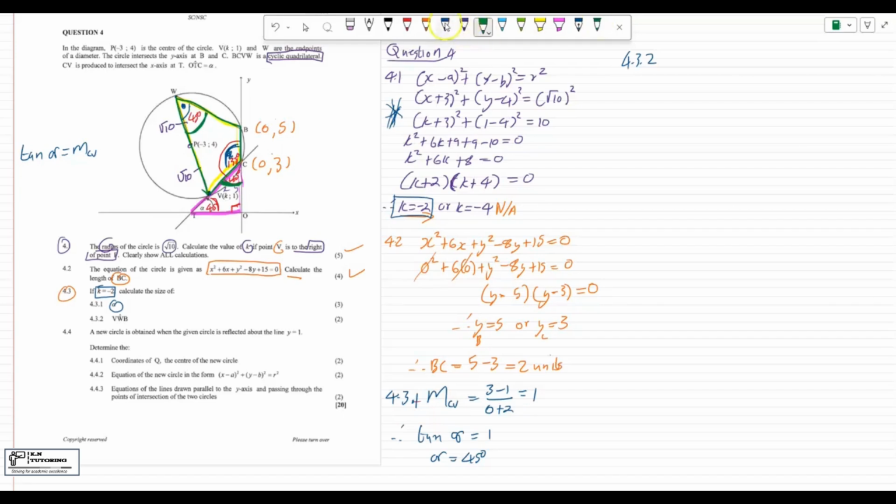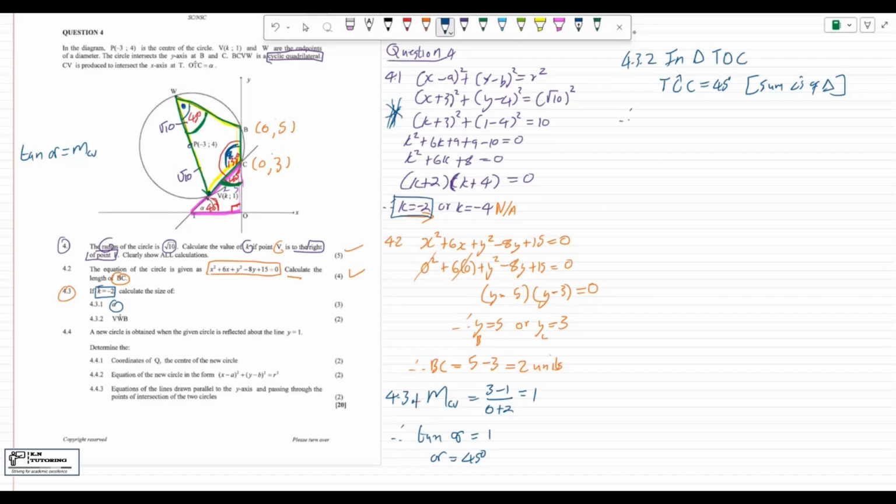Okay, so now how do we write it down? We've started by saying in triangle TOC, angle TCO is equal to 45 degrees. And the reason is that the sum of angles of a triangle add up to 180.